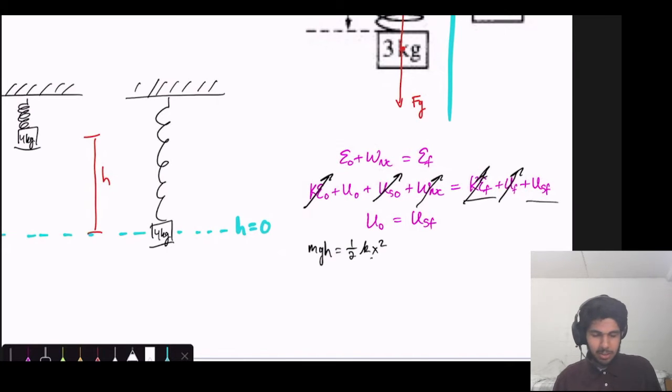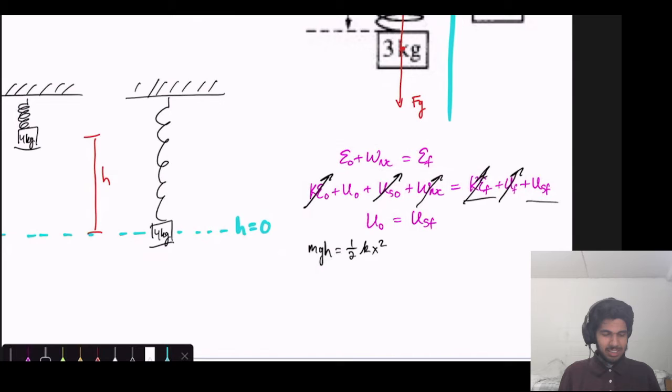And what are we trying to solve for here? Well, h would be an interesting quantity to solve for, because that is what we defined our quantity to be. We said that this 4 kilogram block was a distance h from h equals 0, and we want to find the distance from its initial point to the point where it changes. But then what's x?